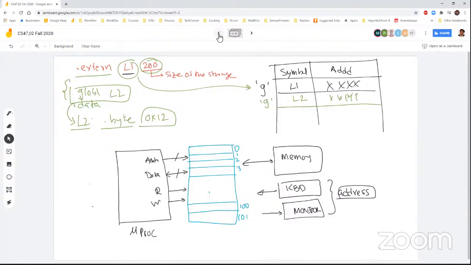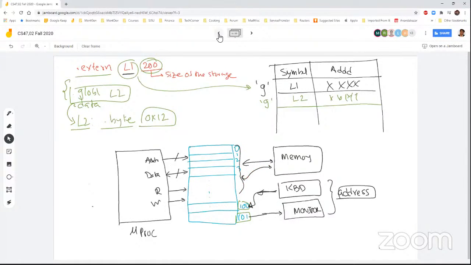But the addresses 100 and 101 are actually, physically, connected to the monitor and the keyboard. And the rest of them are connected physically to the memory device.